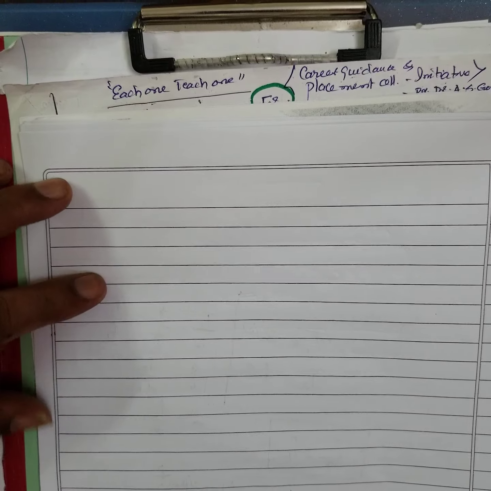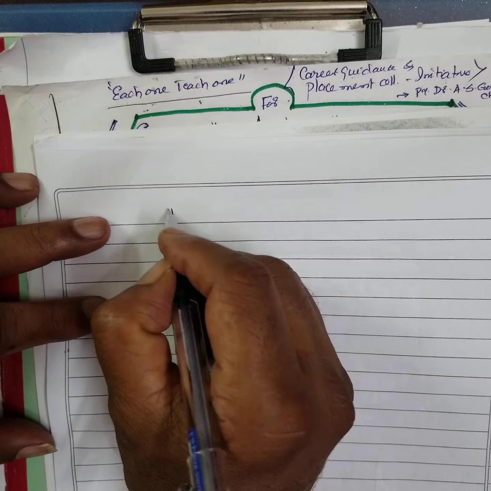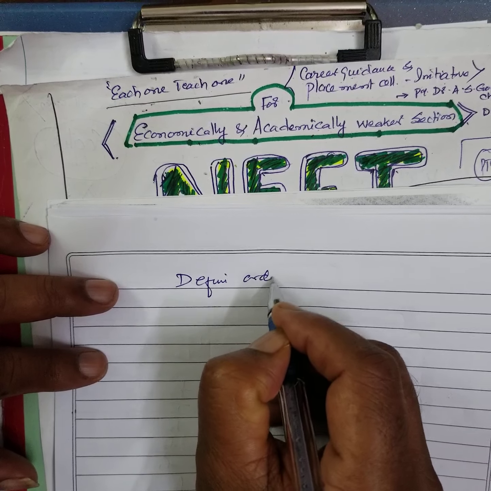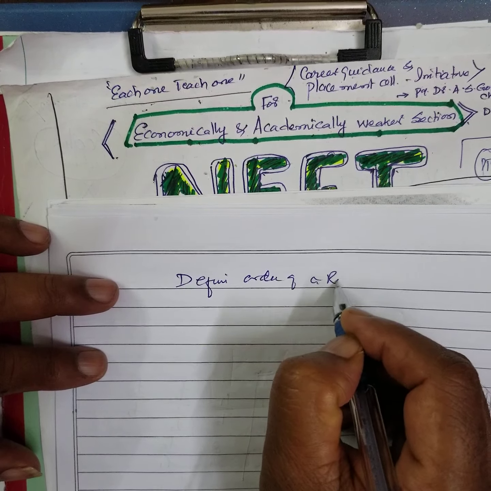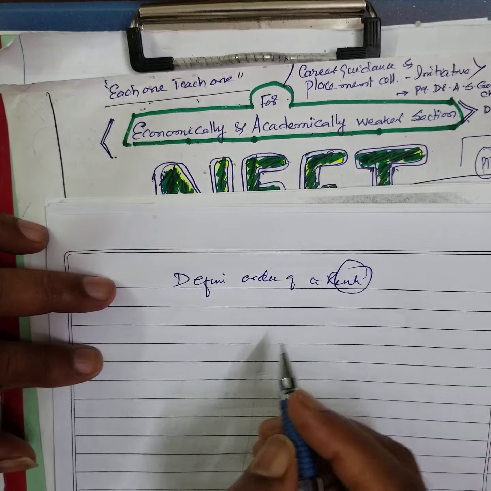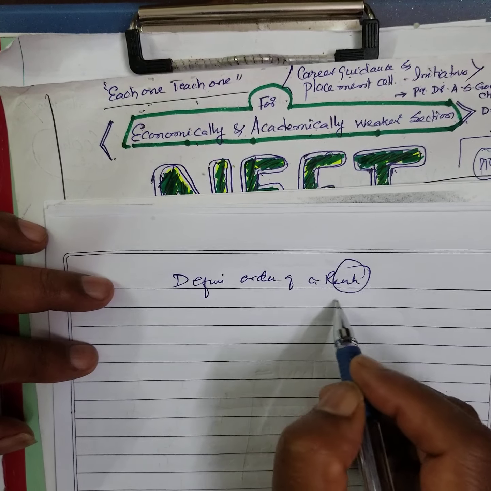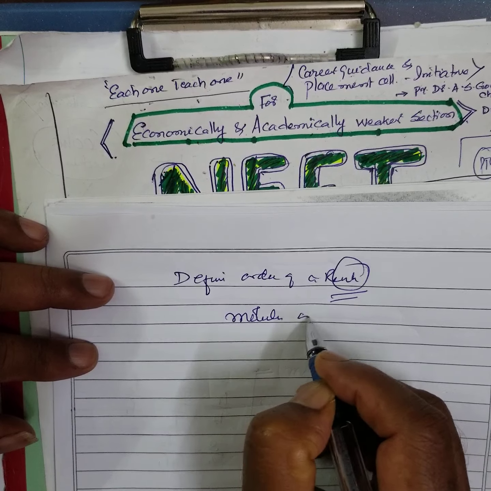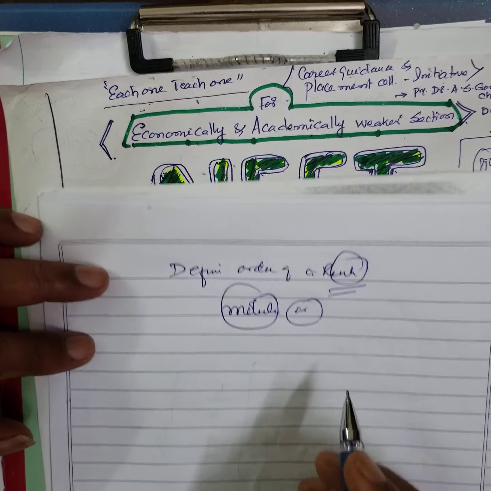Now, define order of a reaction. They may ask you. See, the molecularity is different from order. What is molecularity and order?